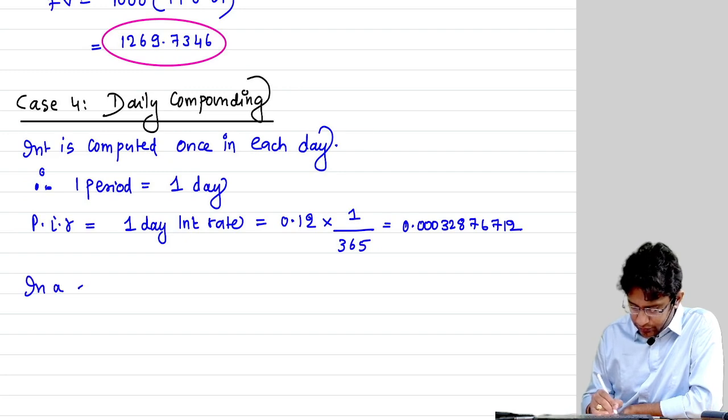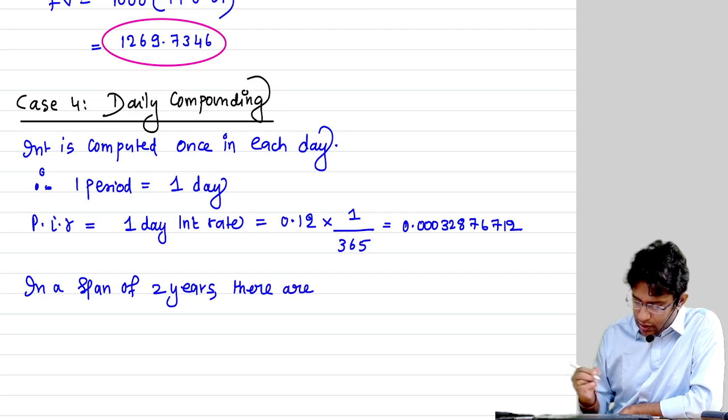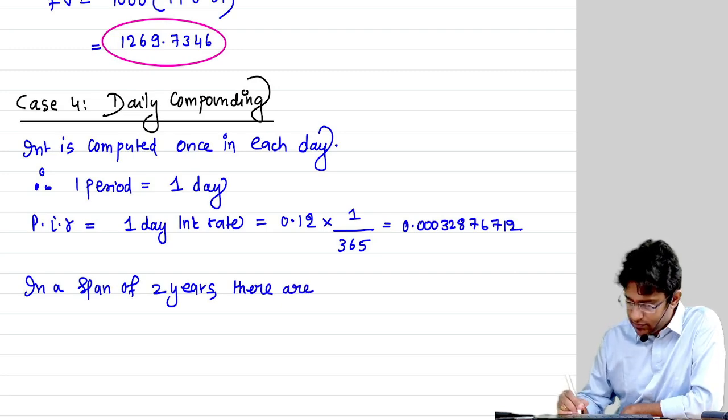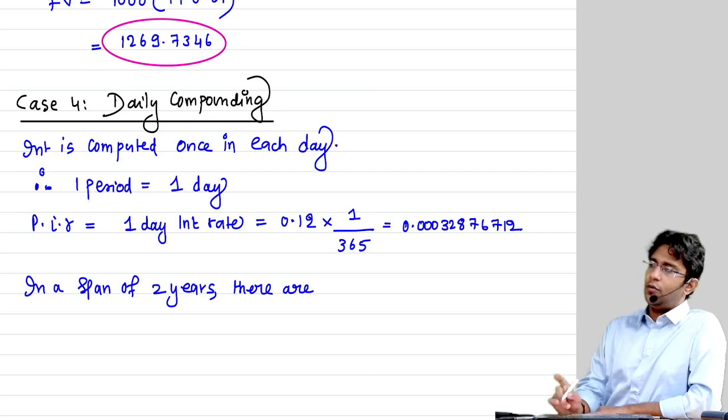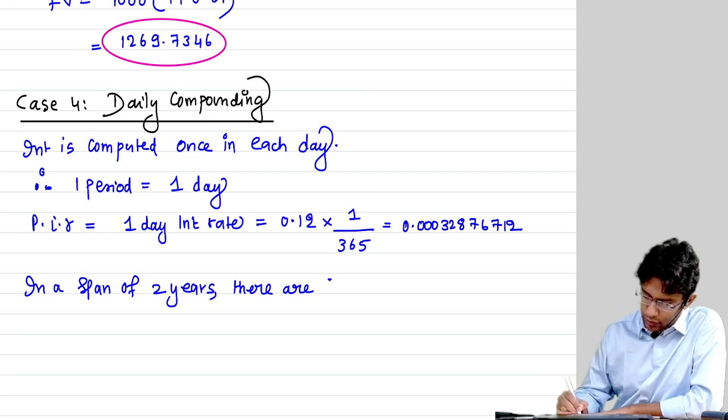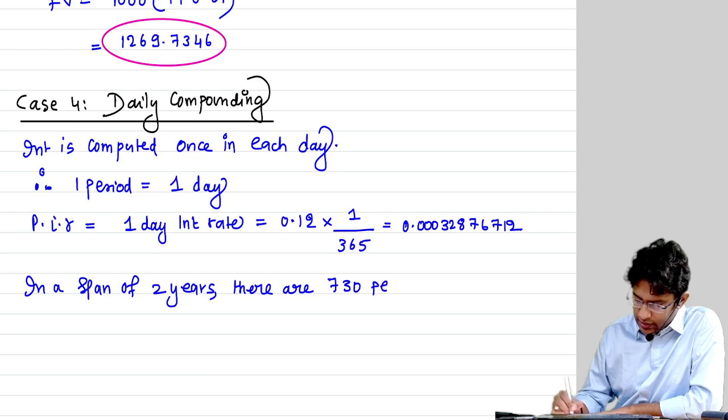Next. In a span of 2 years, there are how many periods? 730 periods.